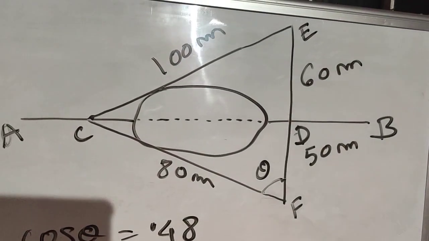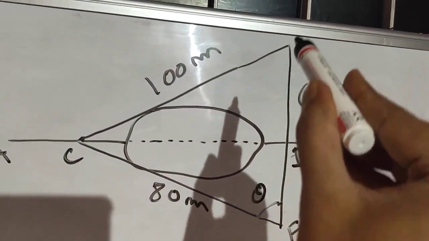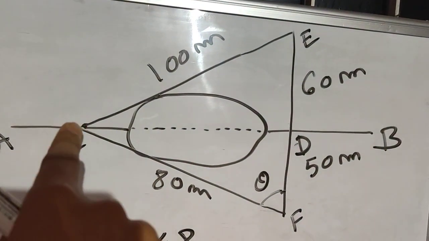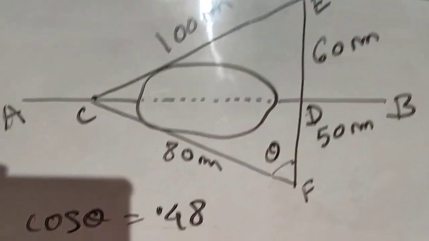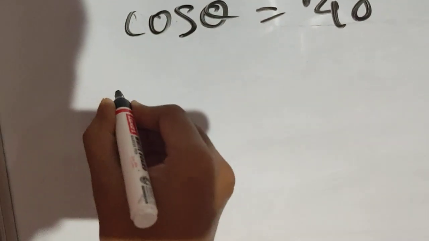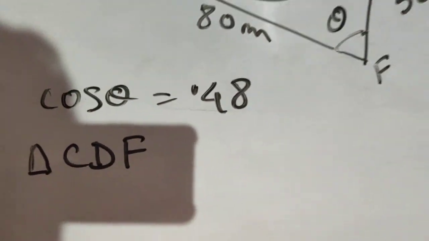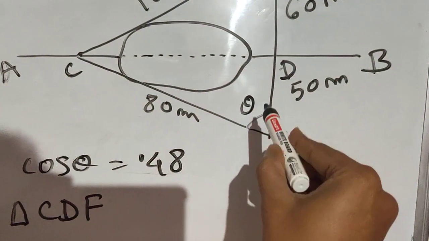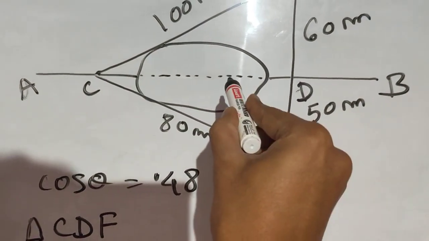So now let us consider this triangle, CDE. Oh sorry, not CDE. Let us consider this triangle CDF. From this triangle, theta is the angle opposite to the side CD.